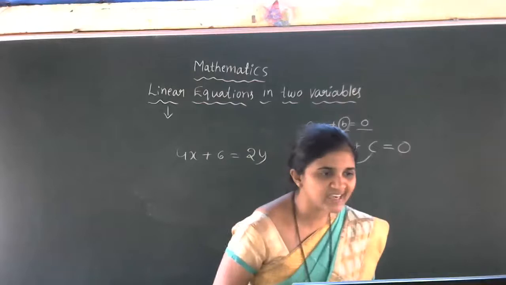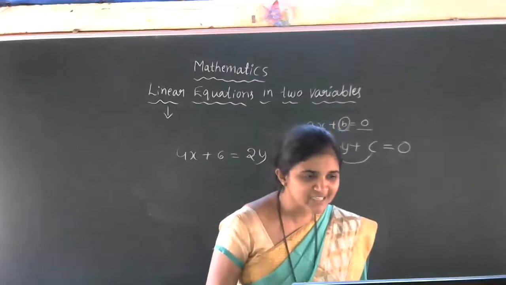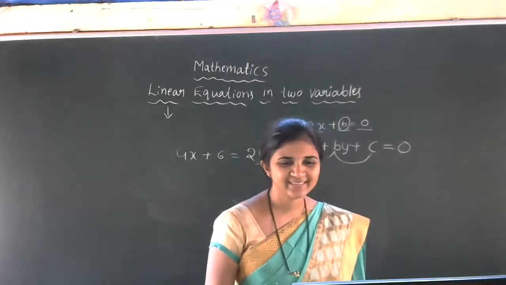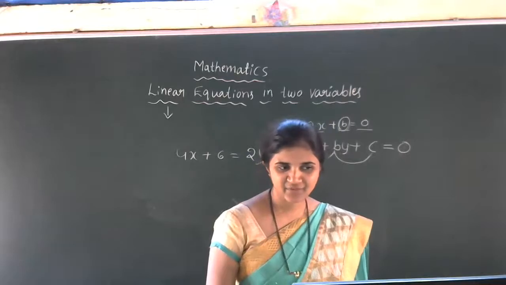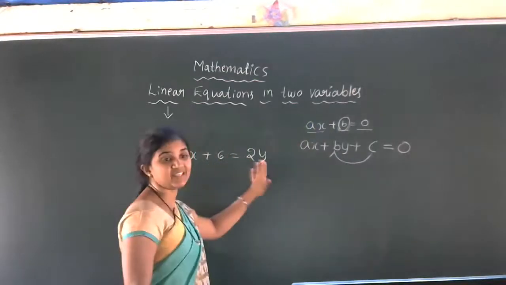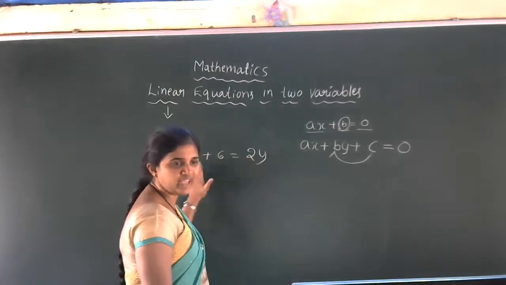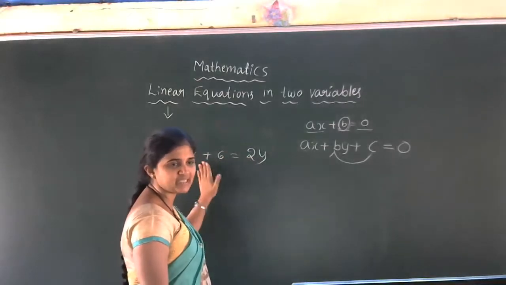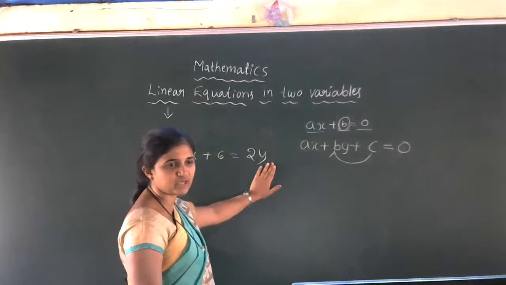Is it in the standard form? Lydia, no. So the equation is not in the standard form. Now we have to express this in the general form, that is ax plus by plus c is equal to 0.